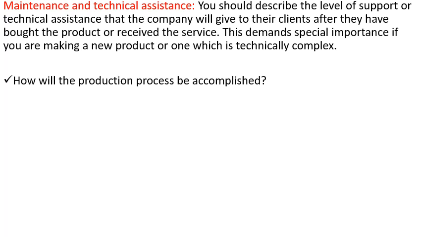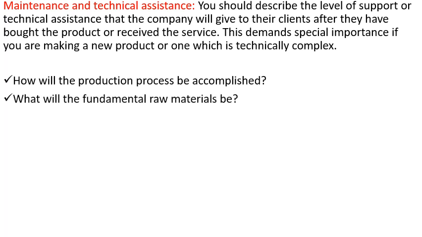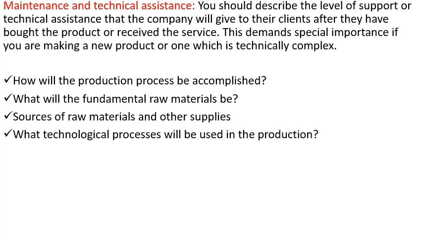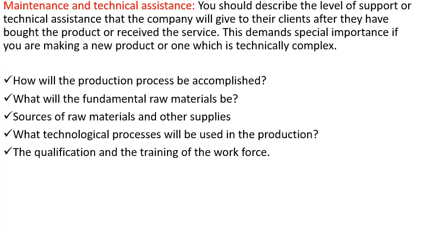You should also think about how your production process will be accomplished. What will the fundamental raw materials be? Their sources, the sources of raw materials and the other supplies. Talk about the technological processes that you use in the production. People who are qualified.